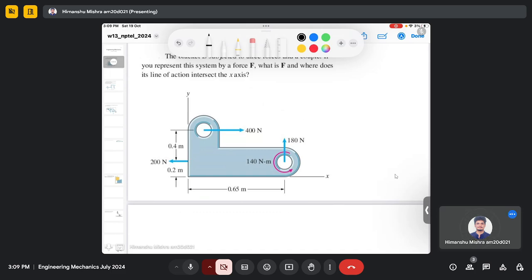It could be this, it could be this, but it is given that it is intersecting the x-axis. So I'm assuming the line of action is vertical. So there is a vertical resultant force which is acting on the system, and we need to find the direction as well as the magnitude of the component of this resultant force.